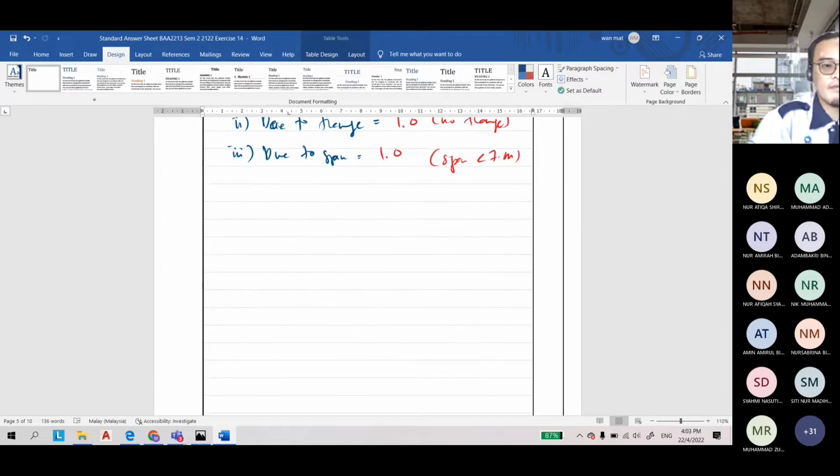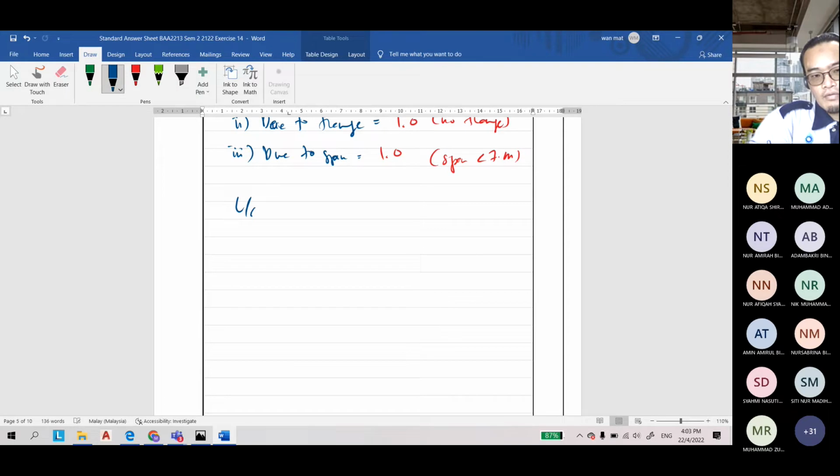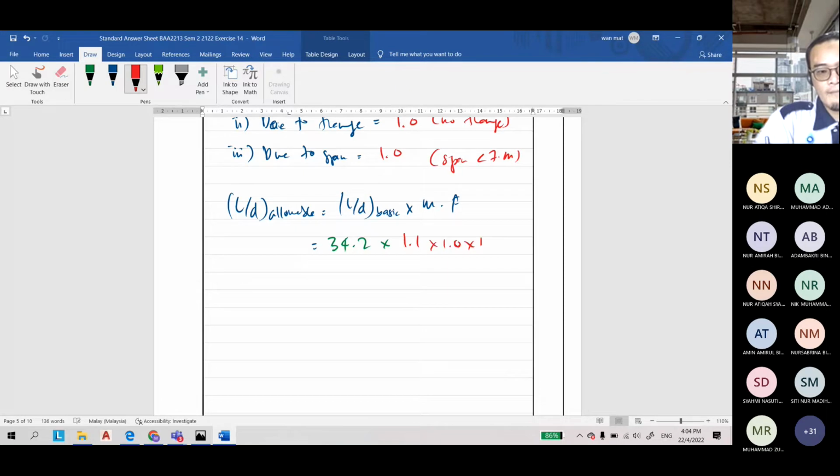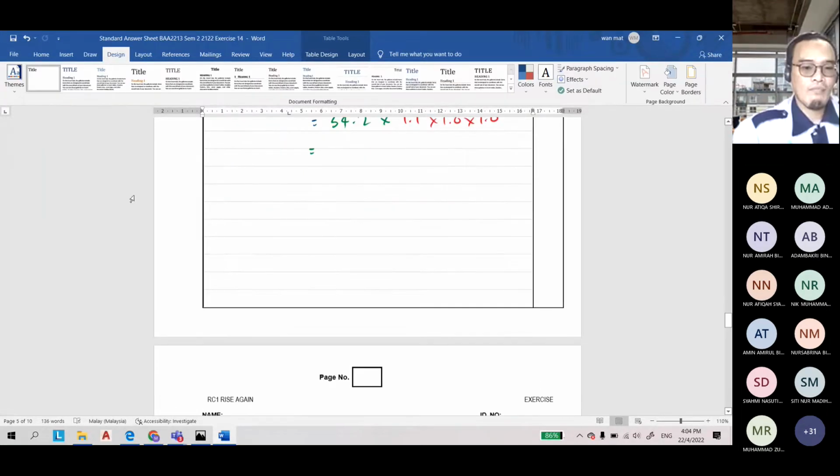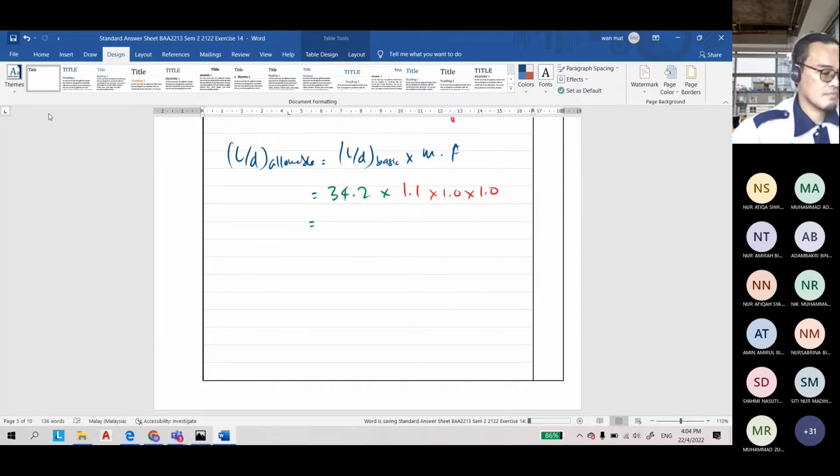So the L over D allowable equal to L over D basic multiplied by the modification factors is equal to 34 point berapa tadi? 34.2 times 1.1 times 1.0 times 1.0, so equal to 37.6.